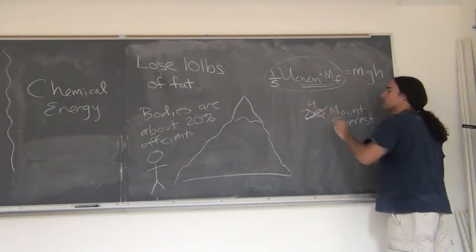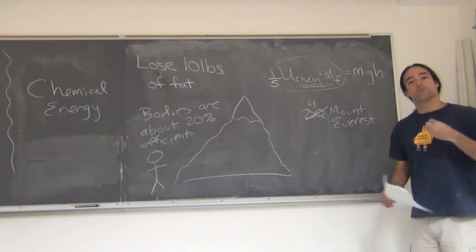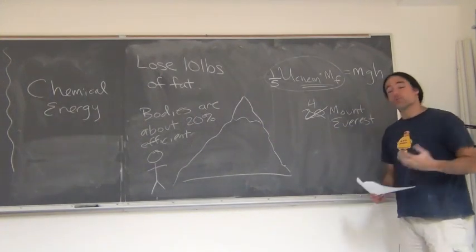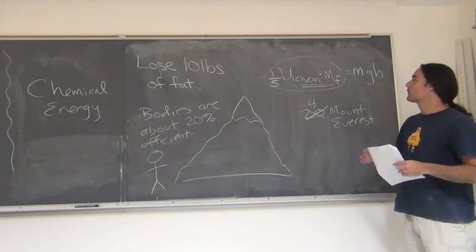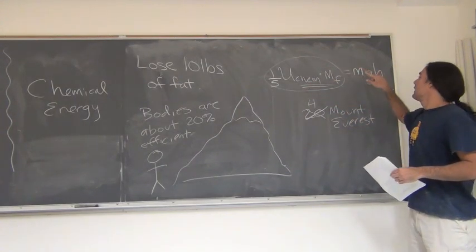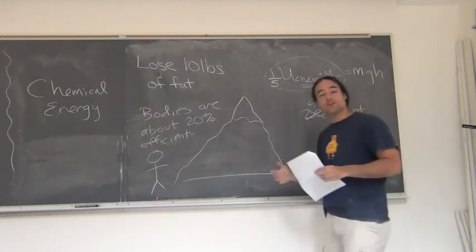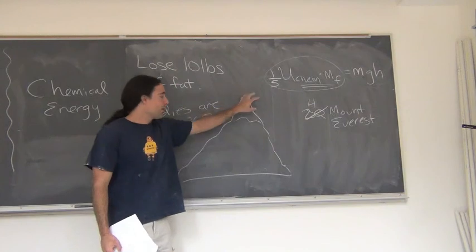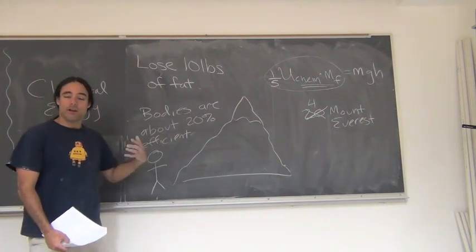So you really only need to climb Mount Everest about 4 times, and you'd lose about 10 pounds of fat, guaranteed, just because of conservation of energy. Because the chemical energy I have is getting converted into the gravitational potential energy. It's only doing that at about a 20% efficiency rating, so I don't have to go up as high.